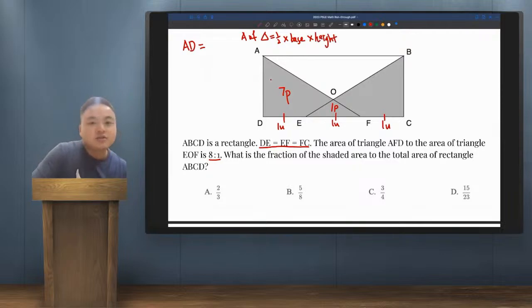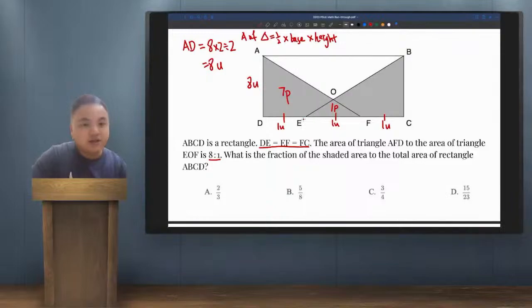I know the area is 8 parts, so the height is 8 times 2 divided by the base, 2 units. I get the height is 8 units, meaning AD is 8 units. So the breadth of the rectangle is 8 units and the length is 3 units. The area of ABCD is just 8 times 3, 24, so this is 24 parts.